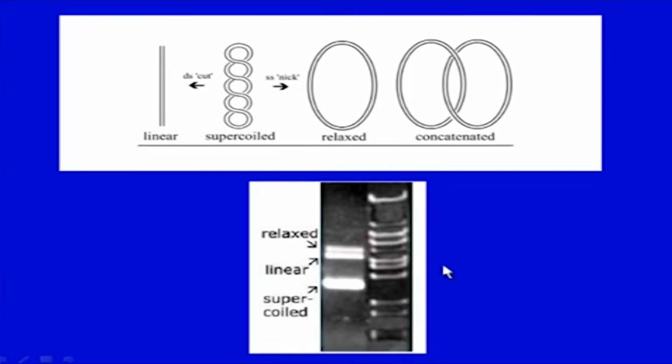If you see the pattern of running, supercoiled runs faster, then linear, and the slowest is the relaxed one. So, this is the pattern of how they will run on an agarose gel.